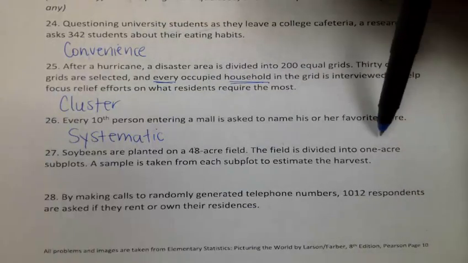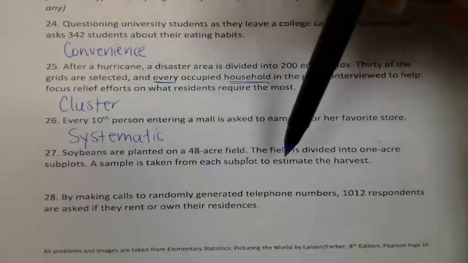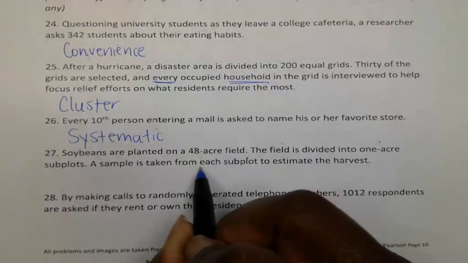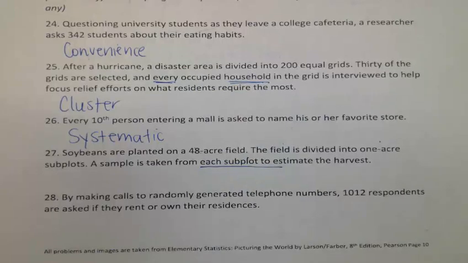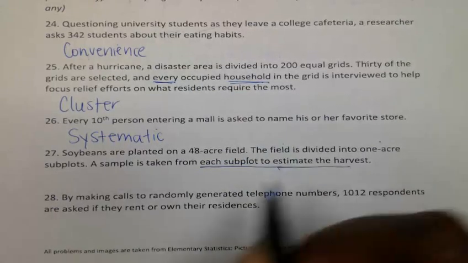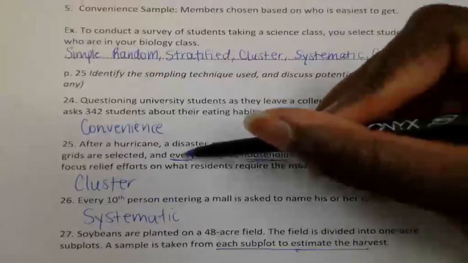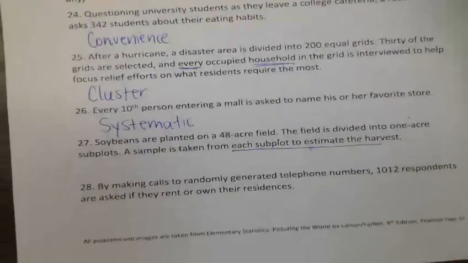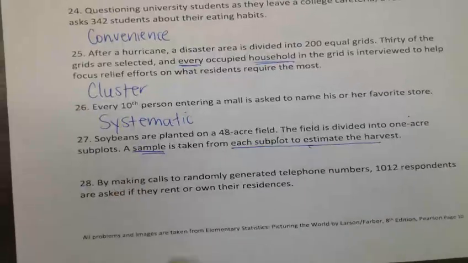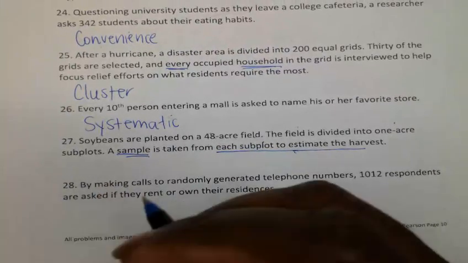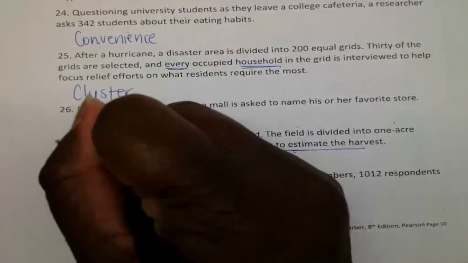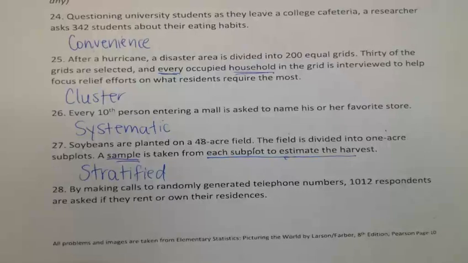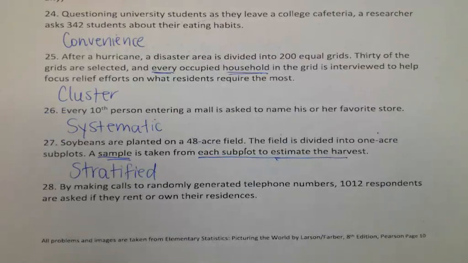So 48 divided into 1 acre, and then one sample was taken from each acre, each subplot. So this was every subplot, every household was taken. Here, a sample was taken from each. So a sample from a sample. This made it stratified. Okay.